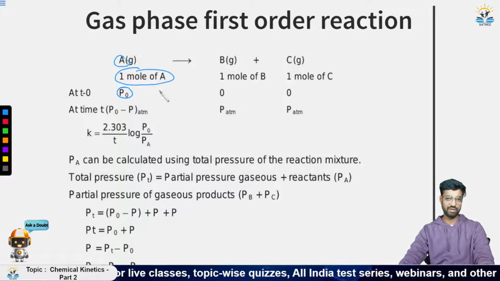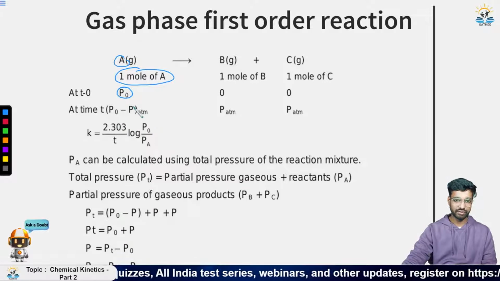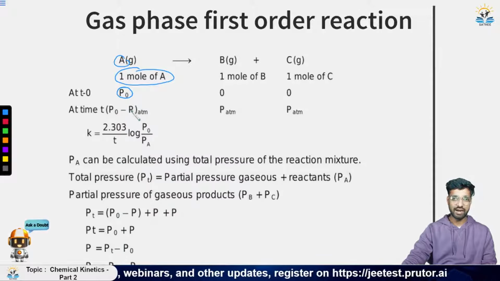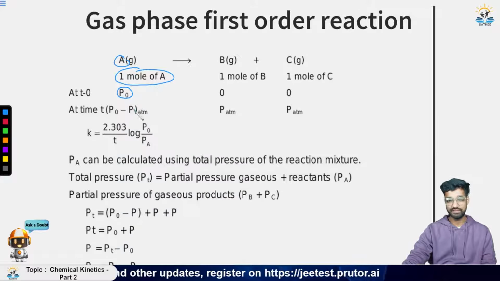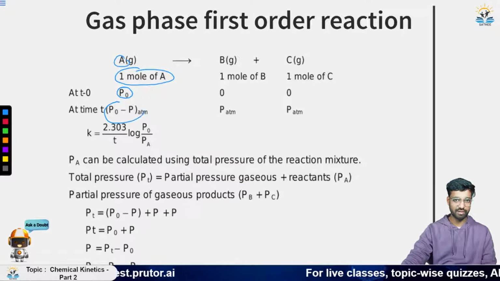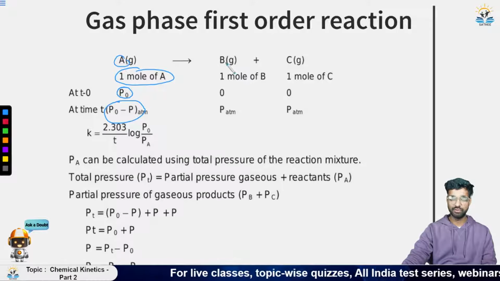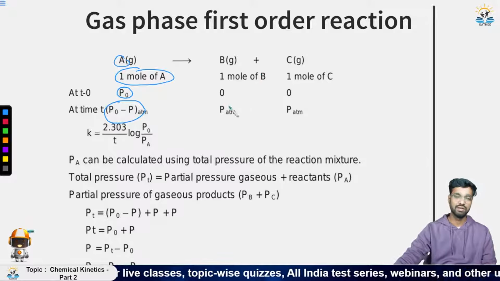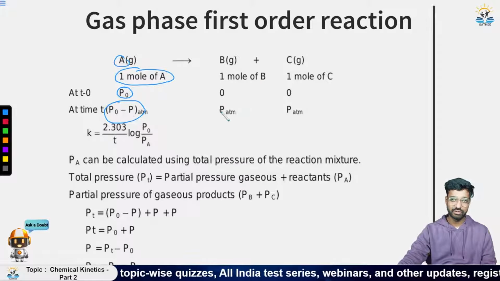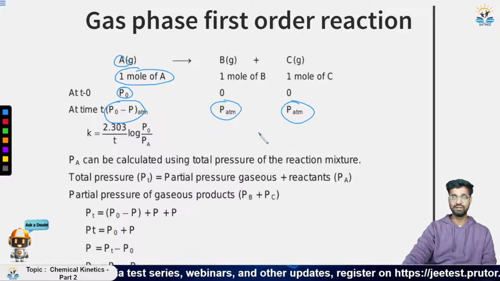A is going to B plus C. Now at some time T, the reaction proceeds and some of the moles of A go to B. So due to this, the partial pressure of A will decrease, so it will be P naught minus P. Now since 1 mole is going to produce 1 mole of B and 1 mole of C, we will get P atm each for B and C. So this is the final state.